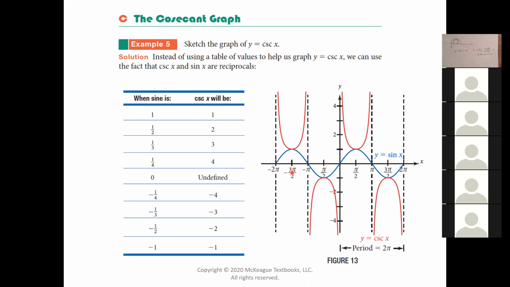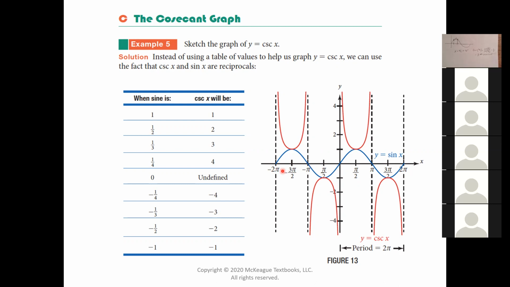Okay. Now, once you graph the sine function, the guide function, you can easily graph the cosecant function. It's very easy to graph that. All you do is you put vertical dashed lines through the x-intercepts of the sine function's graph. So notice these vertical lines here go right through the x-intercepts of the blue graph, which is y equals sine x.